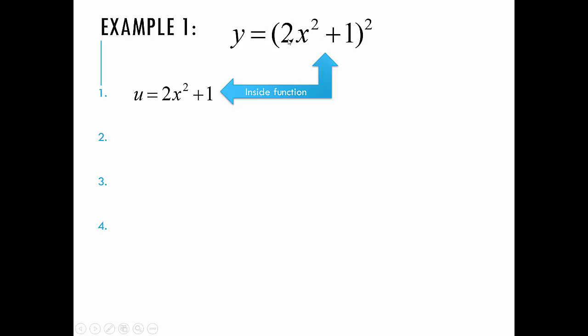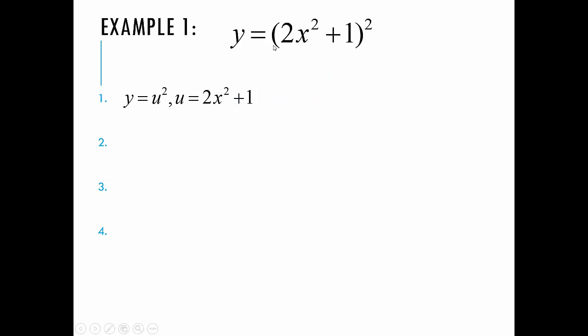If this is the inside and I replace this inside with u, then my outside becomes y equals u squared. This is the big key, that you can separate this. I can see this is composed of two functions: u squared, where u is 2x squared plus 1.